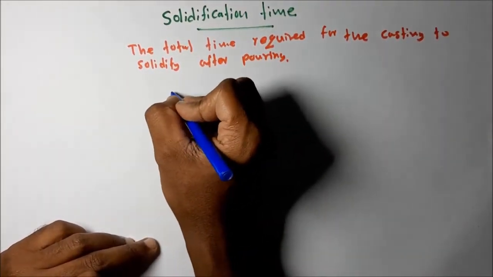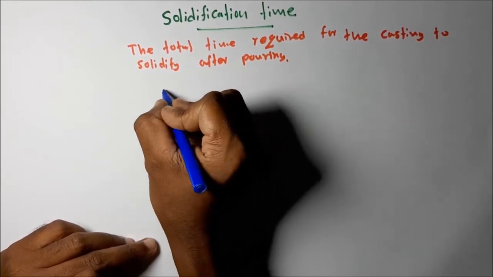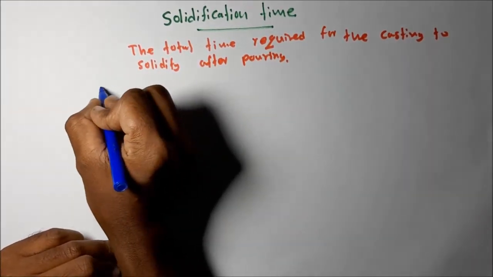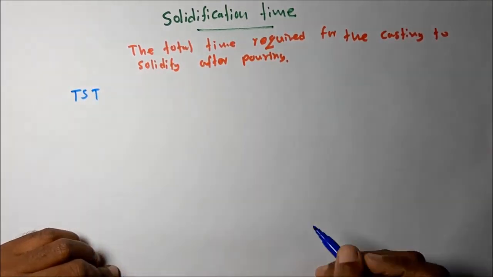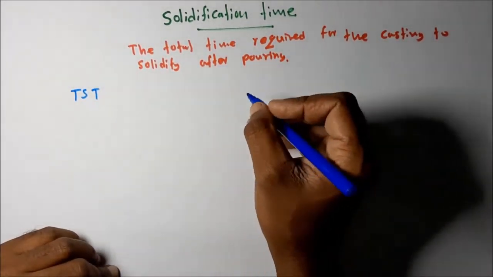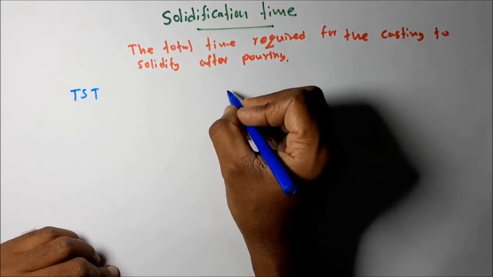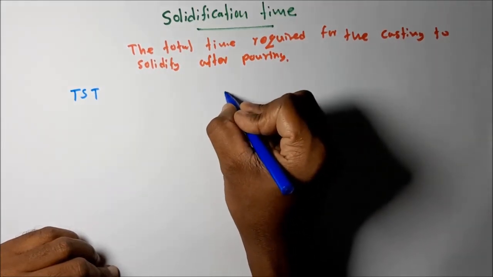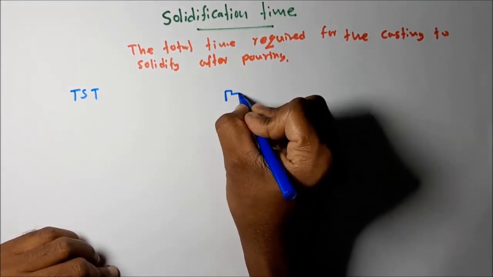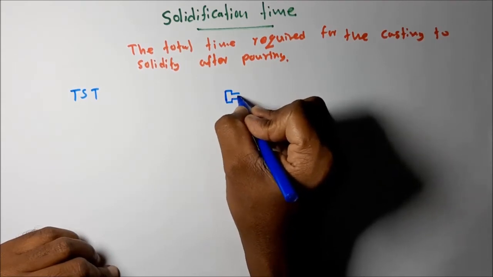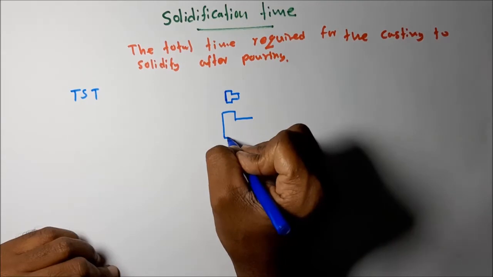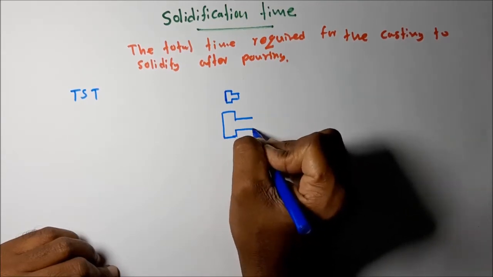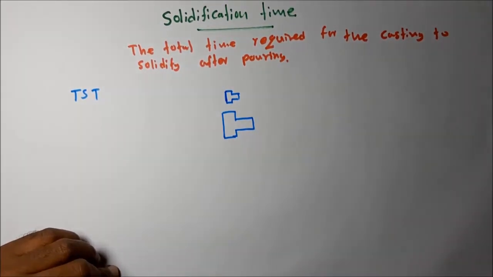The total solidification time. What can you say about this with the volume? For example, comparing a smaller part and a larger part, which part has the higher solidification time?